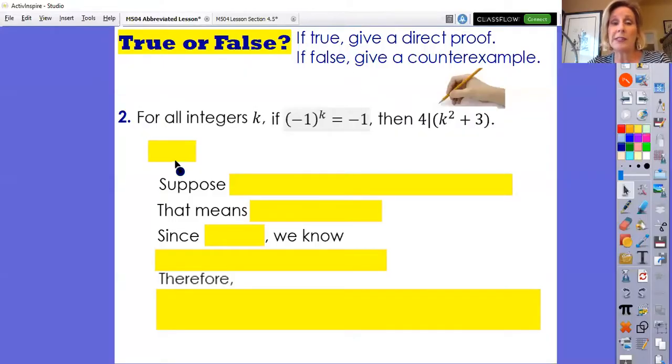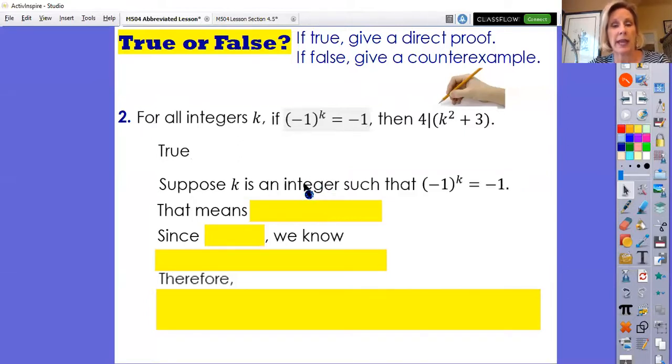Now that we know that this statement is true, let's review how you go about writing a direct proof. So remember, you suppose that the hypothesis is true. So I'm supposing that k is an integer such that -1 to the k equals -1. Remember, -1 to the k equals -1 told us that k is odd.